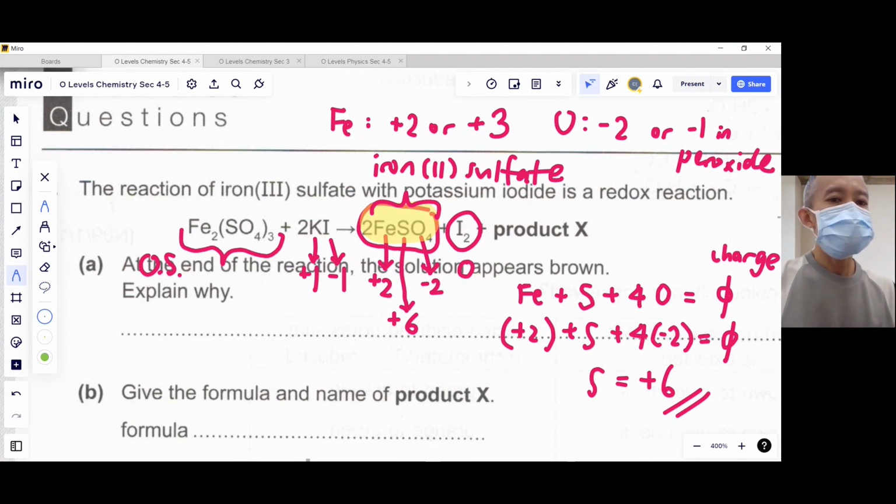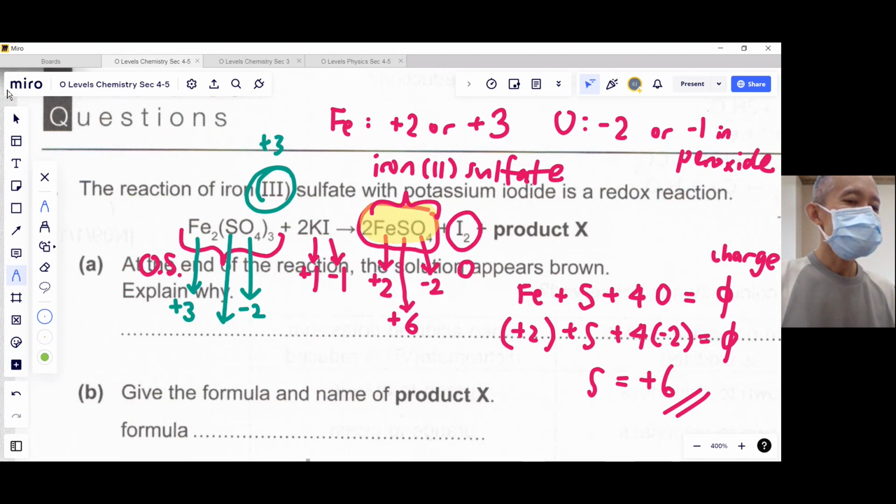Question, iron here, what's the OS? They also did tell you iron(III), right? So iron(III) means +3. The 3 here pertains to the iron. So iron is +3. Oxygen is -2. Sulfur, question. Well, there's no change actually.